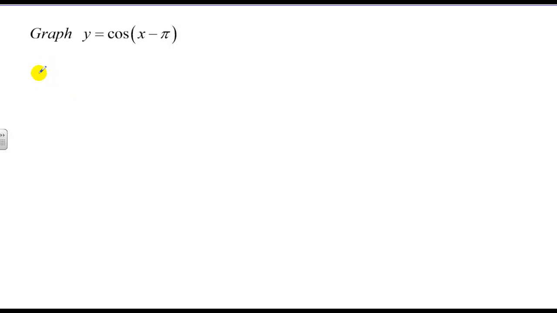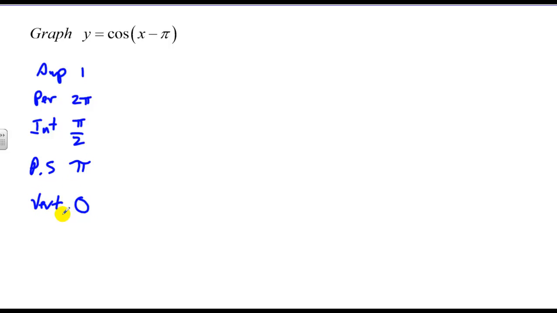So what I know is my amplitude is 1, my period is 2 pi, my intervals are pi over 2, the phase shift is pi, and my vertical translation is 0. Go ahead and graph. I'm going to start over at pi.